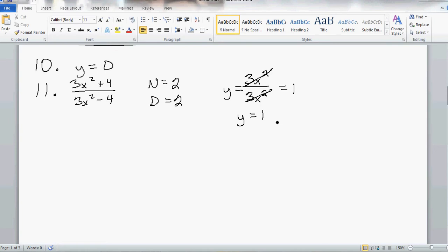Now that's when the degree of the numerator and the degree of the denominator are equal to each other. Then you just take those leading coefficients and simplify them as much as possible, and whatever that is, that's y equals, that is going to be your horizontal asymptote.